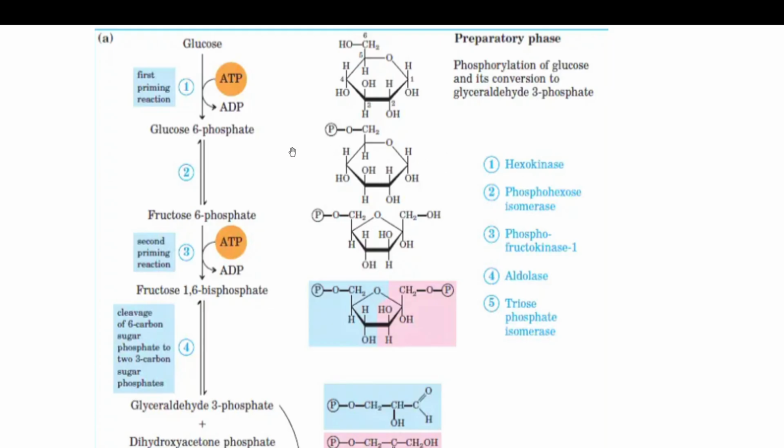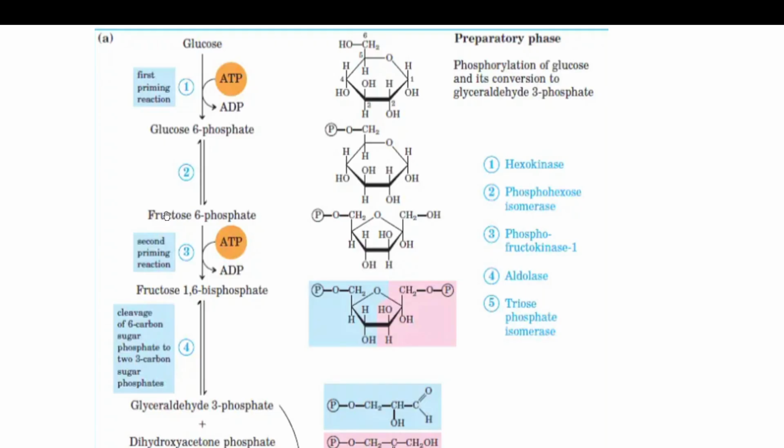Then glucose 6 phosphate, the chemical formula and structure are shown, is isomerized to fructose 6 phosphate, where the carbon number remains the same, and this conversion is brought about by phosphohexose isomerase.